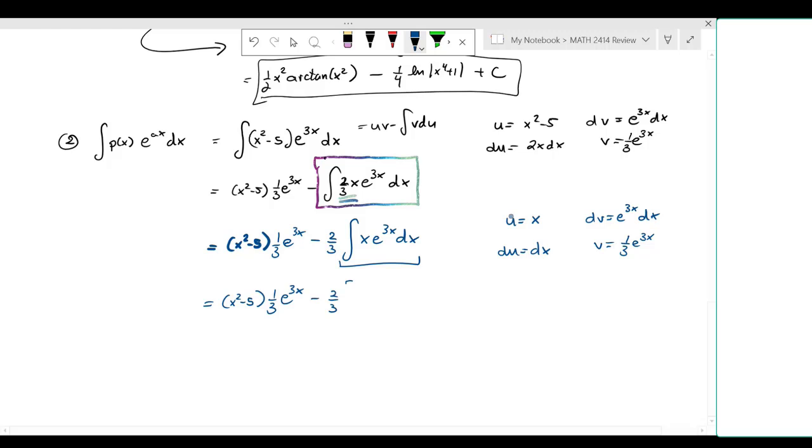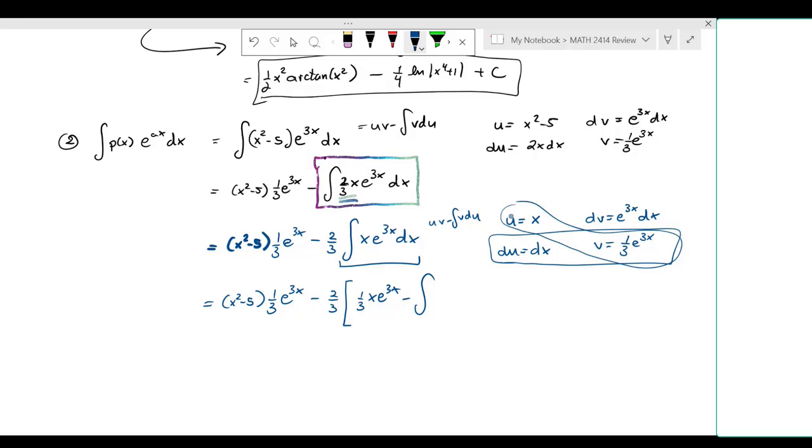And for engineers, later on, I think you will learn the more efficient tabular method for when you have a polynomial times exponential. But anyway, we apply integration by parts, so u times v minus antiderivative of v du. Except this time, and then the v du.